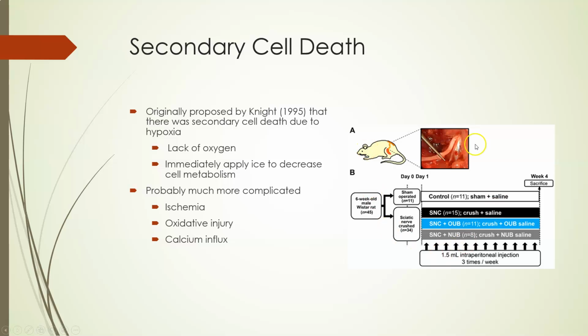And so obviously you can't do human injuries because we cannot go in there and cause injuries, and we need to follow them immediately. So we need to know when the injury is occurring. But a crush injury is obviously much more severe than normal injuries.